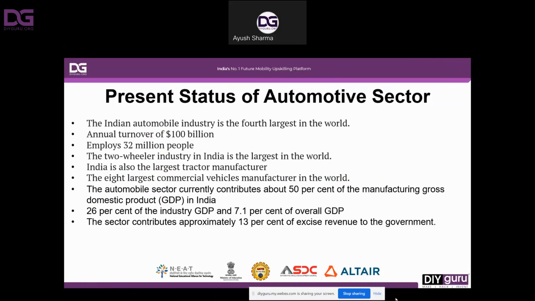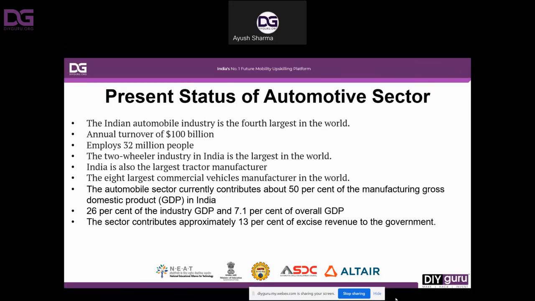Not only in India, if we talk about the world, all the countries are moving towards the automotive sector, especially electric vehicles. It has been seen that the annual turnover of this industry is about $100 billion, and it is generating employment for about 32 million people.